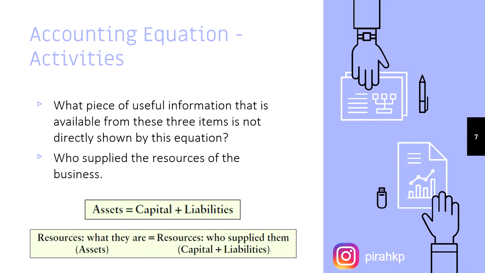Even though the equation doesn't directly say it, it does show us exactly who is bringing what. We know how much was brought by the owners, and we also know how much was given by the people coming from outside. So who supplied the resources of the business is the useful information that is available from these three items, but is not directly shown by the equation. There are these two equations which give you an idea of exactly what I just said.